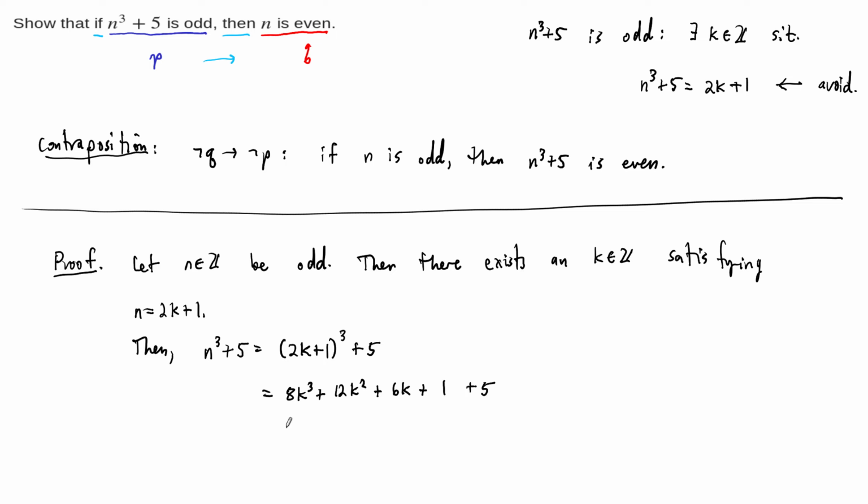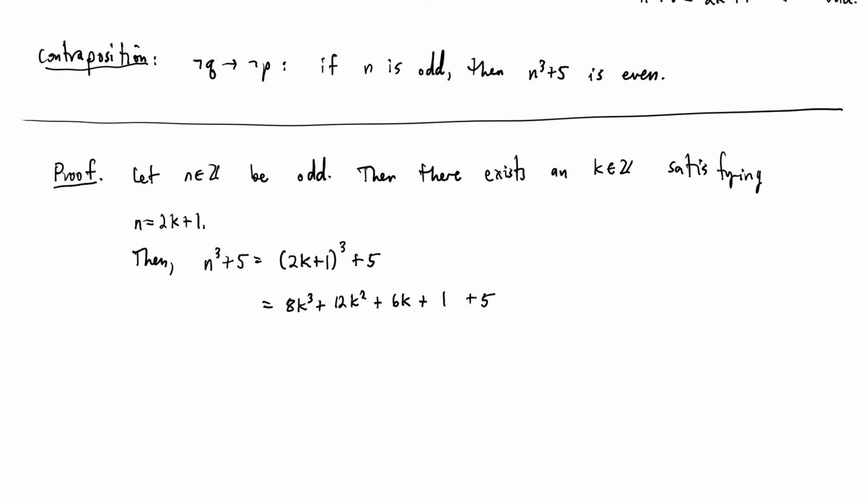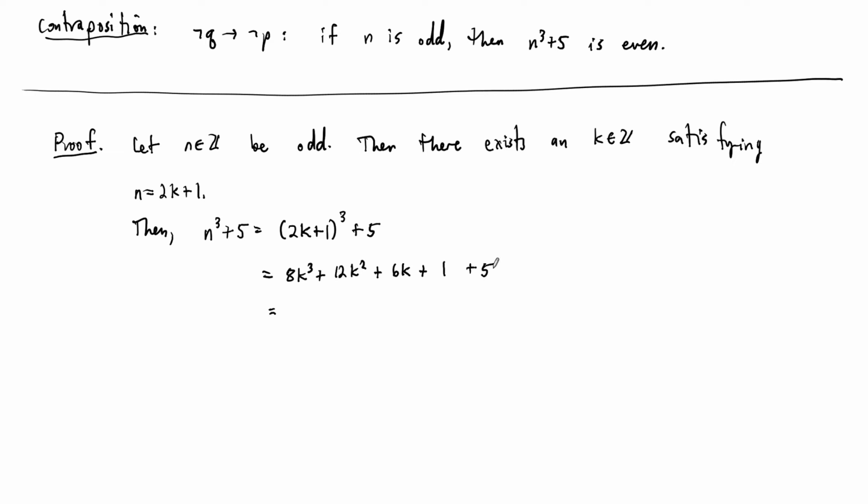All right, and at this point, remember our goal: we want to say something about even or odd for this term. So we notice that if we can combine these two constants, then we can factor a 2 out of this entire statement. So we can write this as 2 times what's left, which is 4k cubed plus 6k squared plus 3k plus 3.